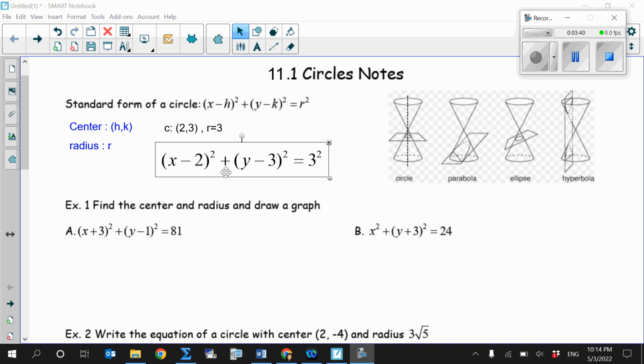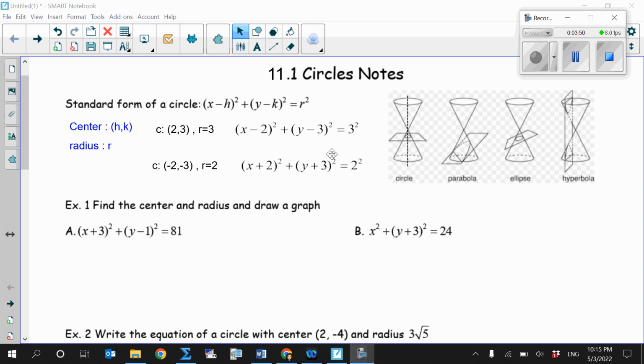Now let's see what happens. We have a circle where the center is (-2, -3), and r is, let's say, 2. In this case, if I want to write the equation, I need to write x minus -2, because that's the h value.